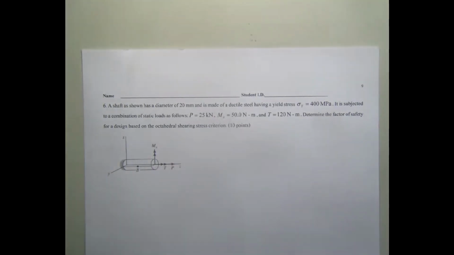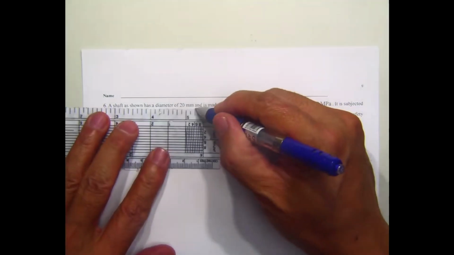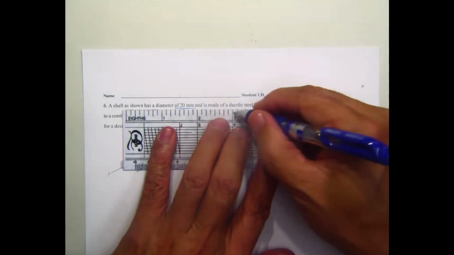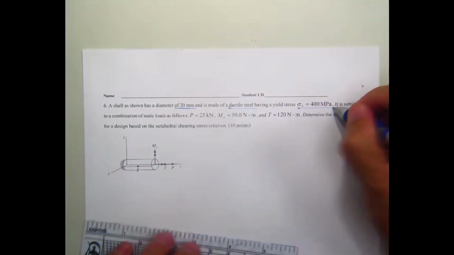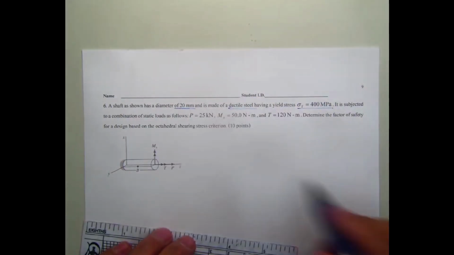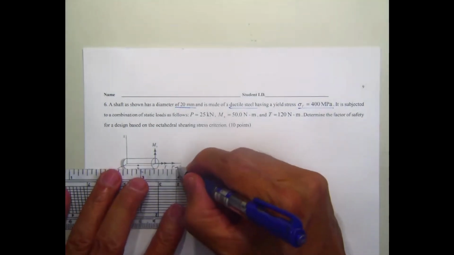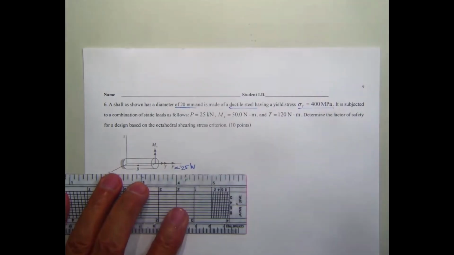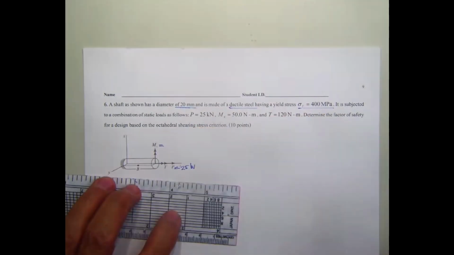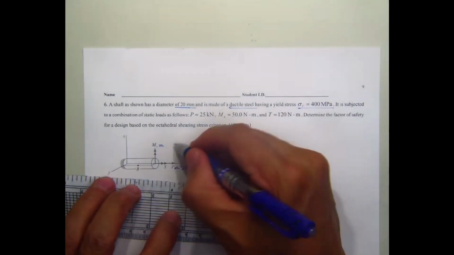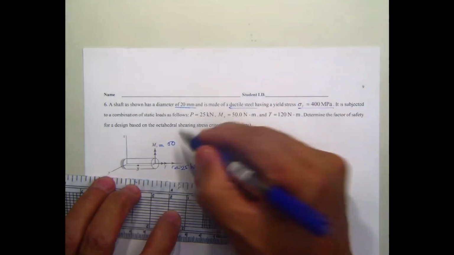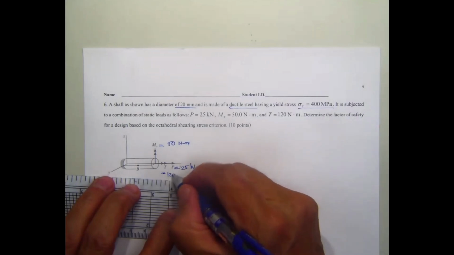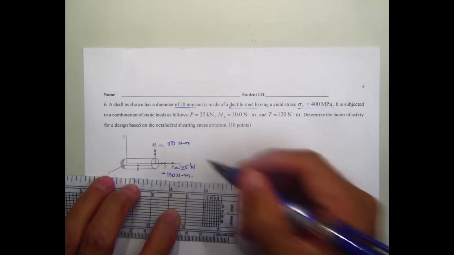The shaft now has a 20 millimeter diameter, made of ductile steel, with sigma sub y here, subjected to the force P over here of 25 kilonewton, M sub x over here of 50 Newton meter, and torsion of 120 Newton meter.